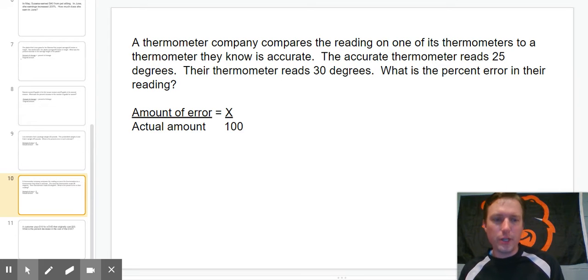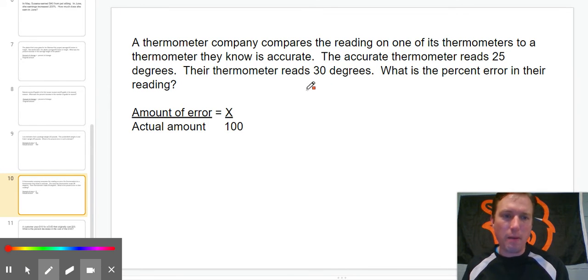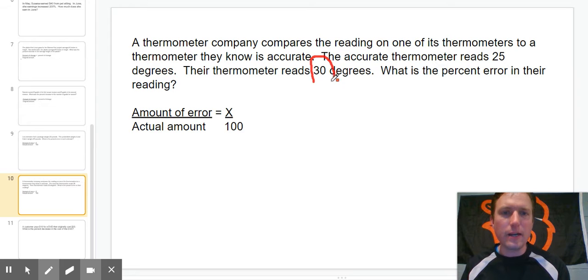So what we're going to do is use that formula that we talked about on Tuesday: amount of error over actual amount equals x over 100, because we're trying to find a percent. We're going to take the information from our problem, plug it in, and solve it.